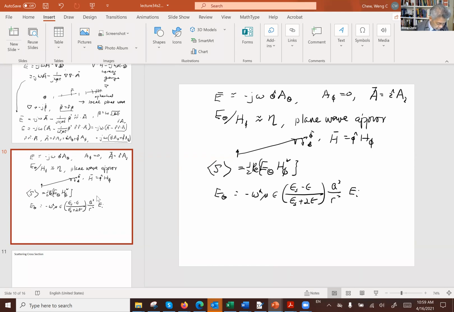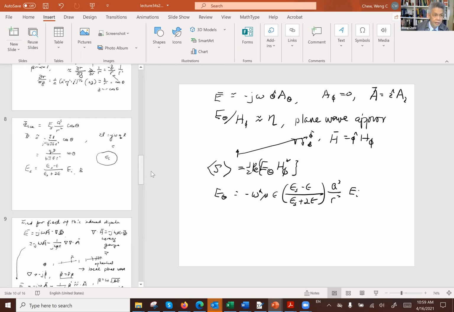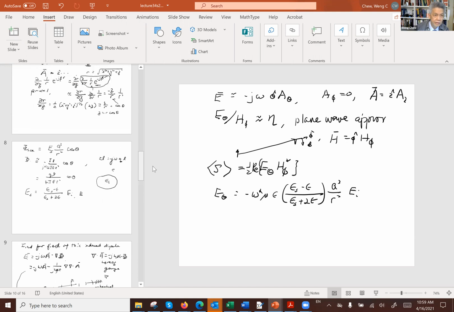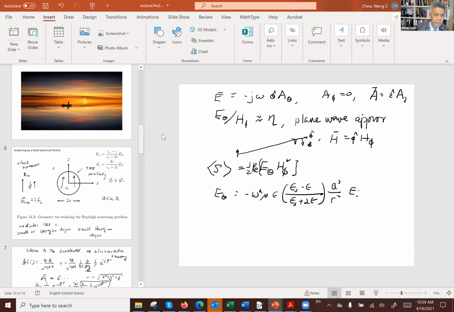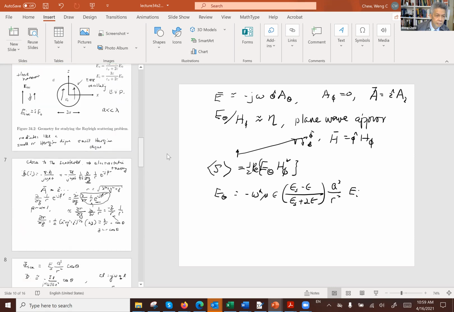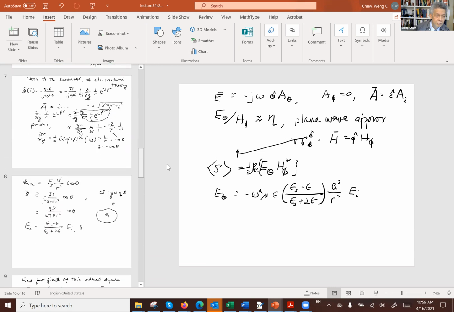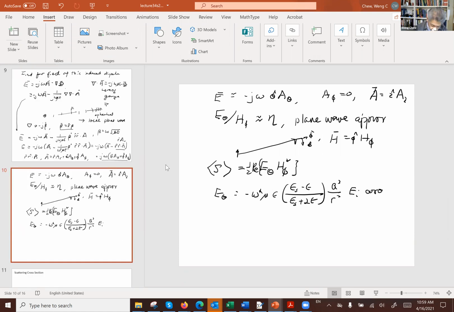That is what E theta should be, and that is what we have. Okay, and there should be a cosine theta here, I believe.